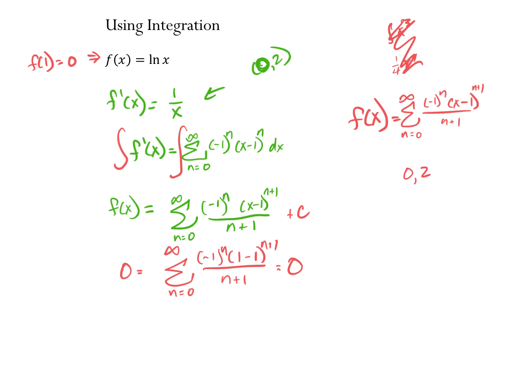So if I plug in 0 for x, the top is always -1.